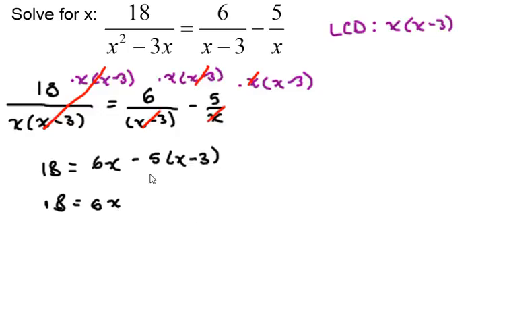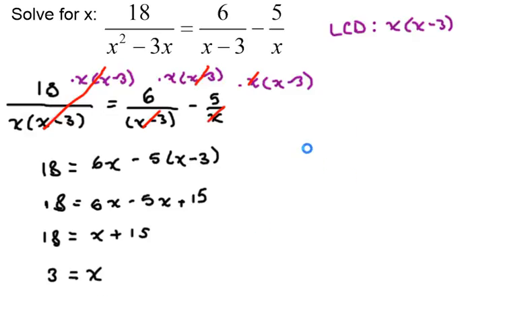I'm going to multiply now, not forgetting that I have a negative in front of my 5 here. I'm going to have a minus 5x, and minus 5 and minus 3 will give me plus 15. So now I'm going to have 18 equals x plus 15, and subtracting 15 from both sides, I'm going to get that x equals 3.